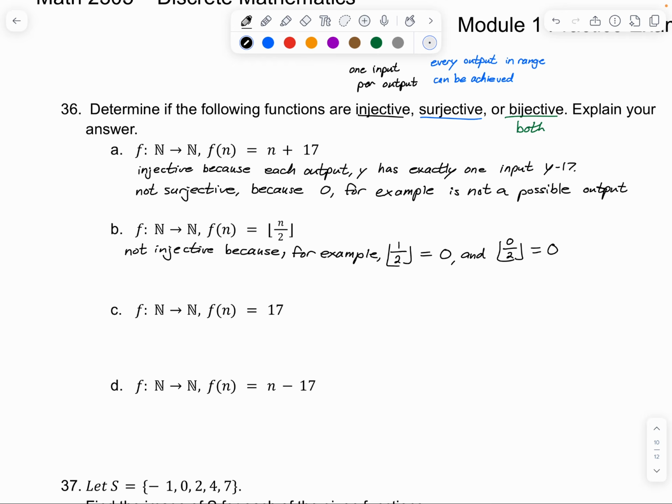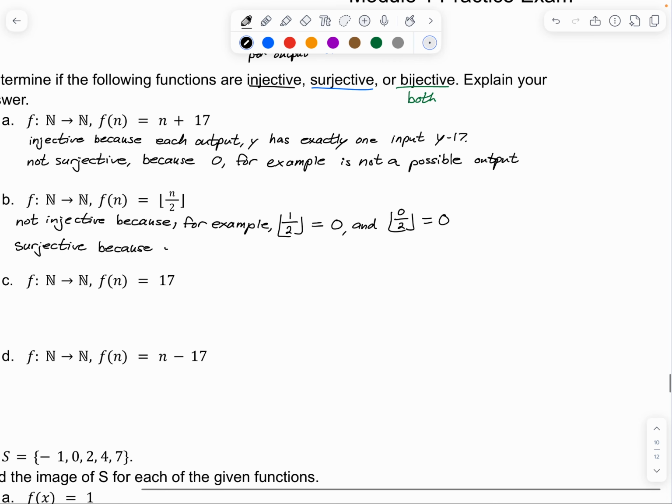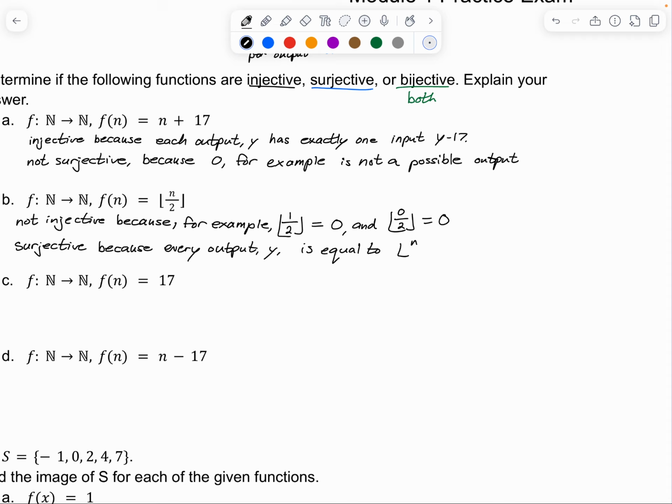It is surjective, though. It is surjective because every output, y, is equal to, you can get any number greater than or equal to 0 by taking a number greater than or equal to 0, dividing it by 2, and rounding down.